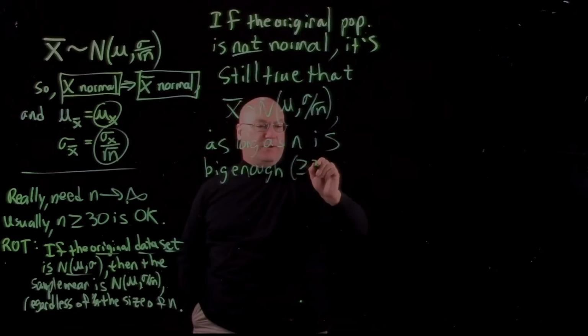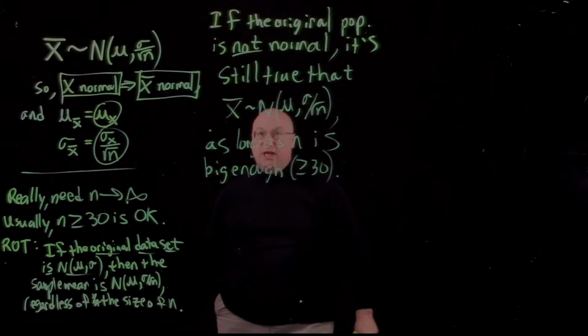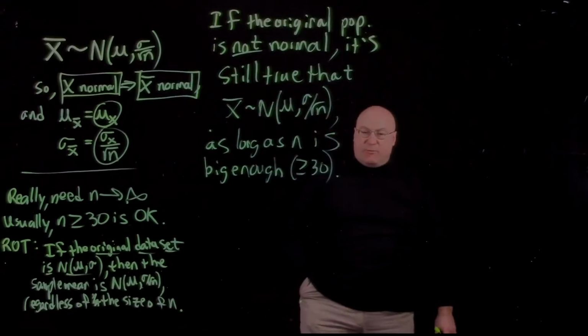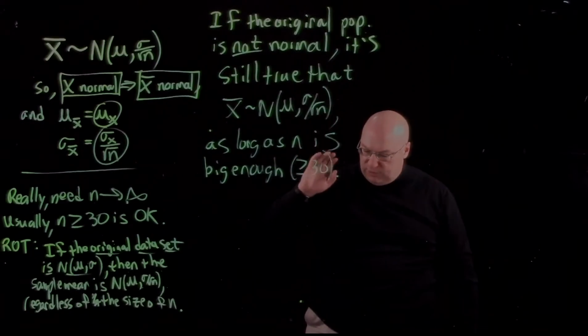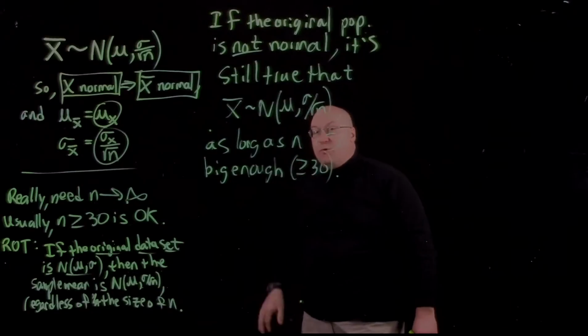And like I said, bigger than or equal to 30 is what we need. If we don't have that, then we can't really make that assumption, and we can't usually go forward if we're working a problem.